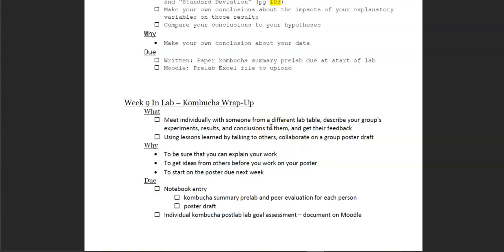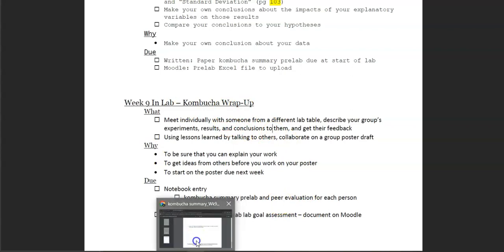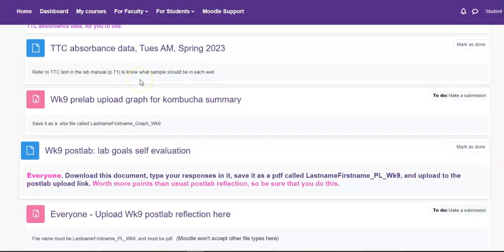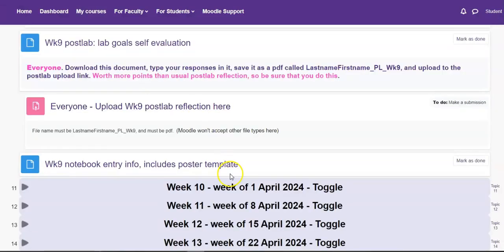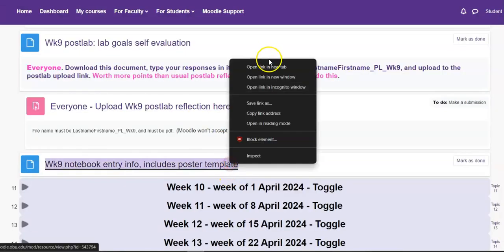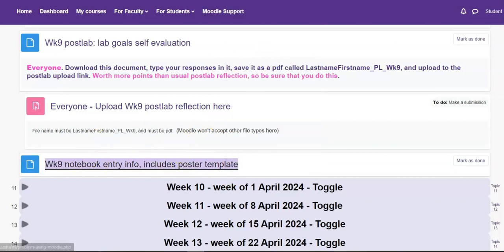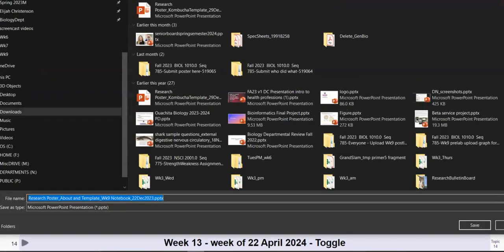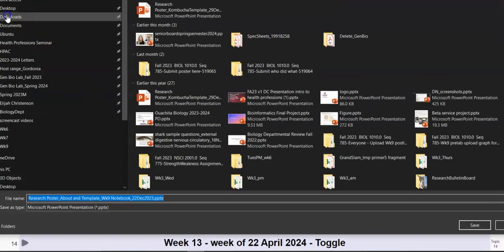So you'll do the pre-lab, you'll come to lab and meet with someone else from your lab. And then, actually I can't remember if this is on Moodle or not. It is, it's down here at the bottom. Okay, for your week 9 notebook points, you're going to do this week 9 notebook entry, which is mysteriously a PowerPoint.